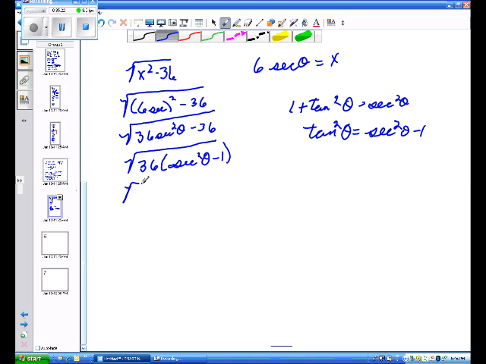So we could replace our secant squared minus 1 with tangent squared. And now we can take the square root because they're factors. So the square root of 36 is 6. The square root of tangent squared is tangent. And again, that should be in absolute values.